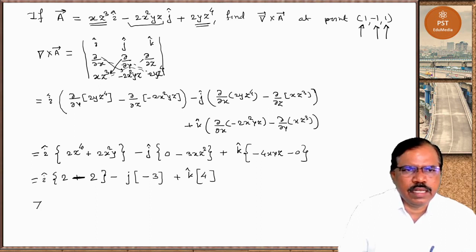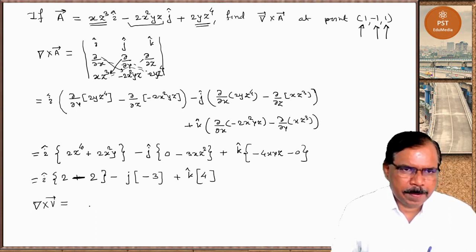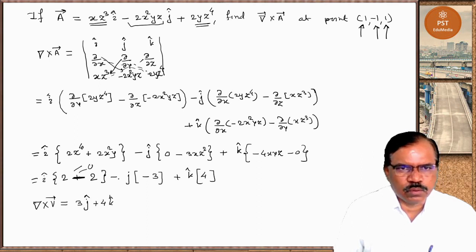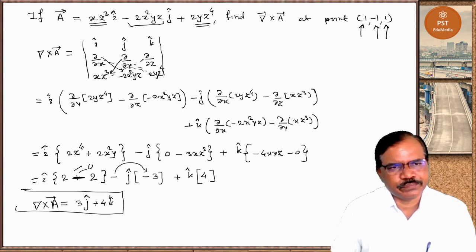So del cross A is equal to 3j plus 4k, because the i term is equal to 0 and minus minus will be plus.